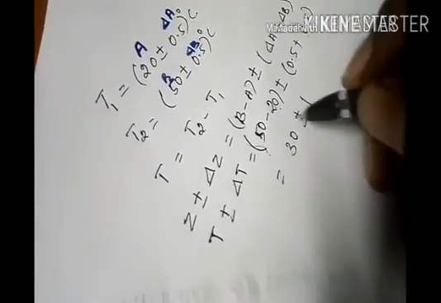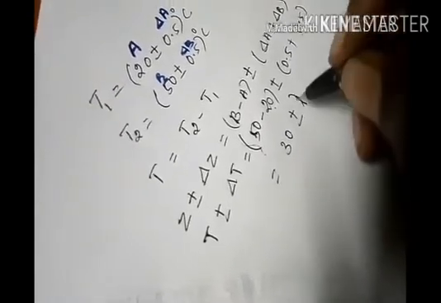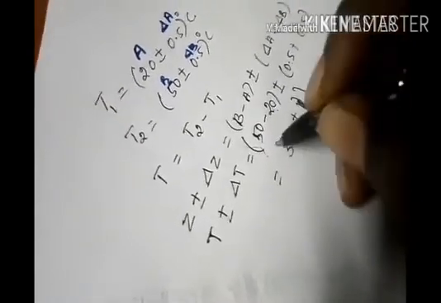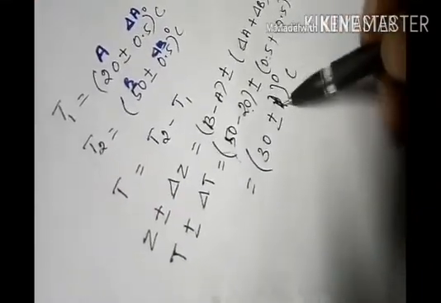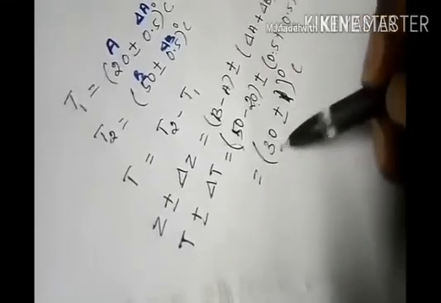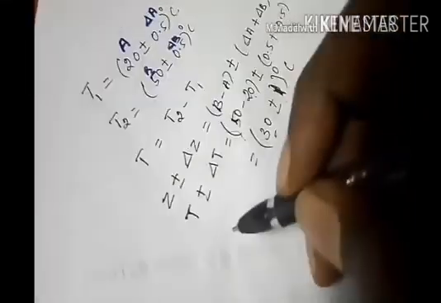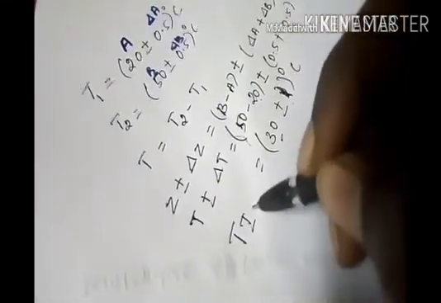So this is 30 plus or minus 1 degree Celsius. That means the value 1 is increased or decreased from this measured value. So this is called temperature with error. Okay, so 30 plus or minus 1 degree Celsius. Thank you.